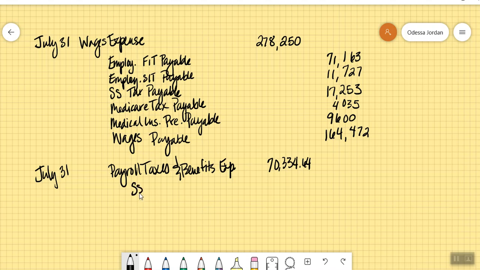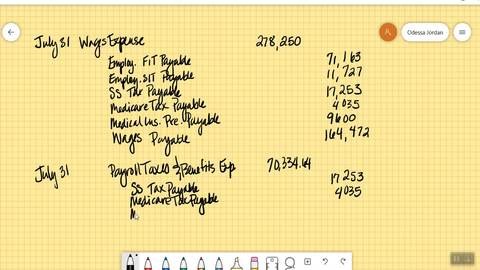So we have their contribution to Social Security tax payable, which matches the employee's contribution, 17,253. Then we have their contribution to Medicare tax payable, which is the same amount. It matches what the employees pay.